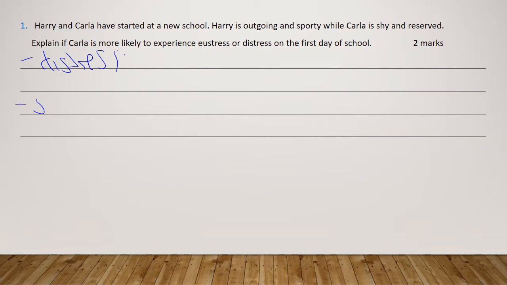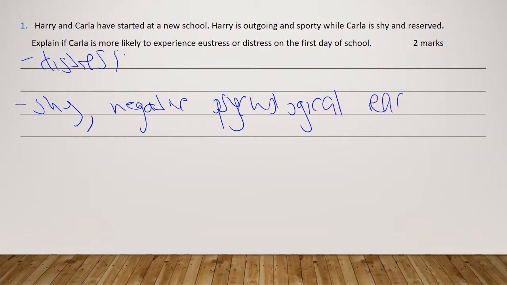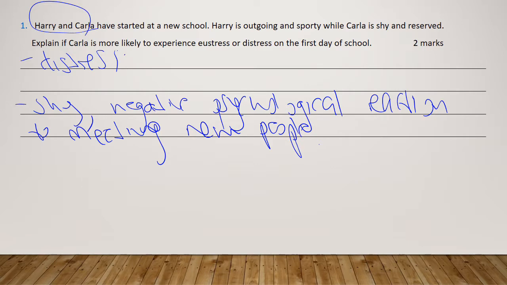She is shy, and so therefore she might have a negative psychological reaction to meeting new people. Okay, now remember, this is a scenario, it has people's names in it. So make sure you're referring back to the scenario and you are referring to the person's name.